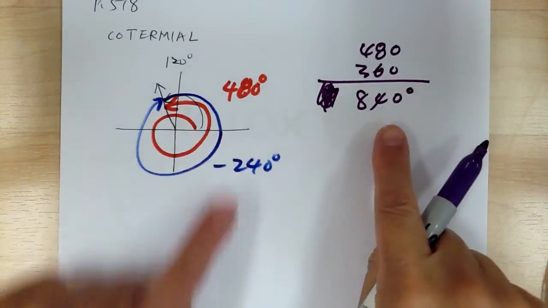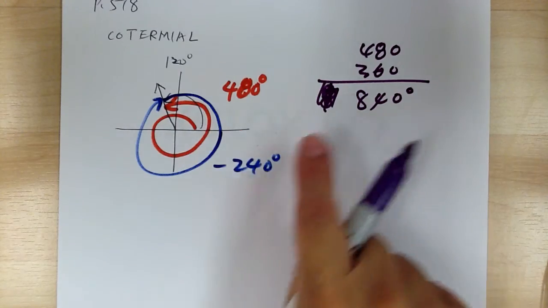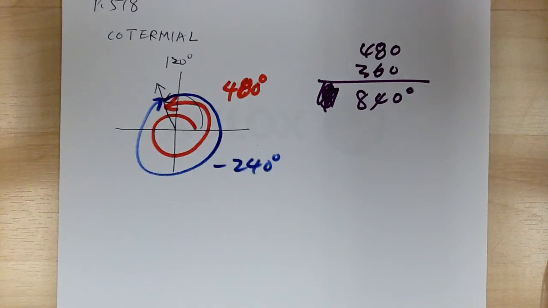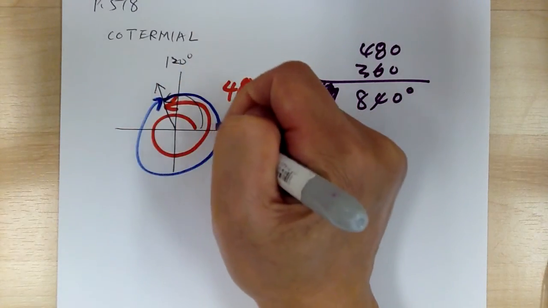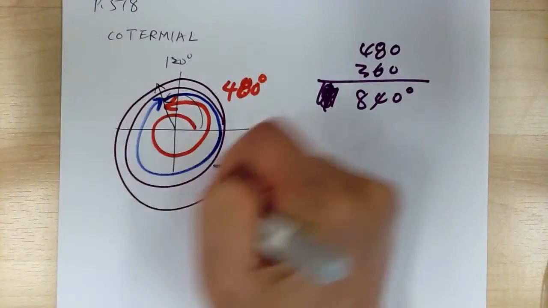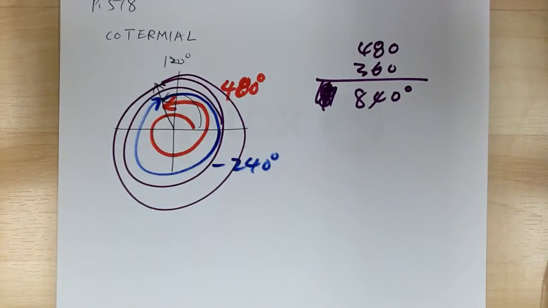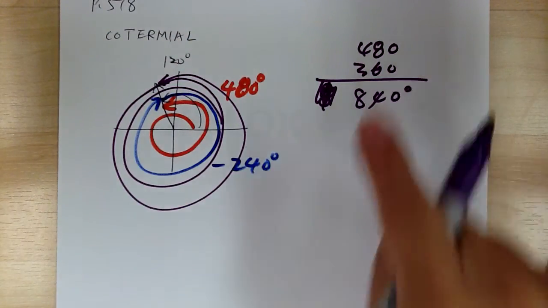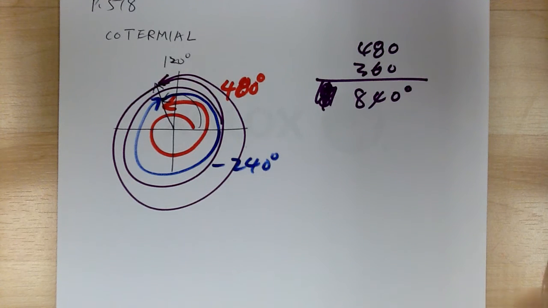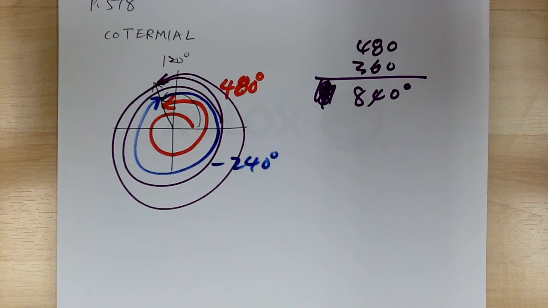Okay, so you keep adding 360. So all these are coterminal angles. And the reason you add 360 is because you go around the circle one more time, right? You can keep going as many times as you want, right? Okay. Again, every time you go around the circle one time, you add 360. Okay. So again, coterminal is super easy.